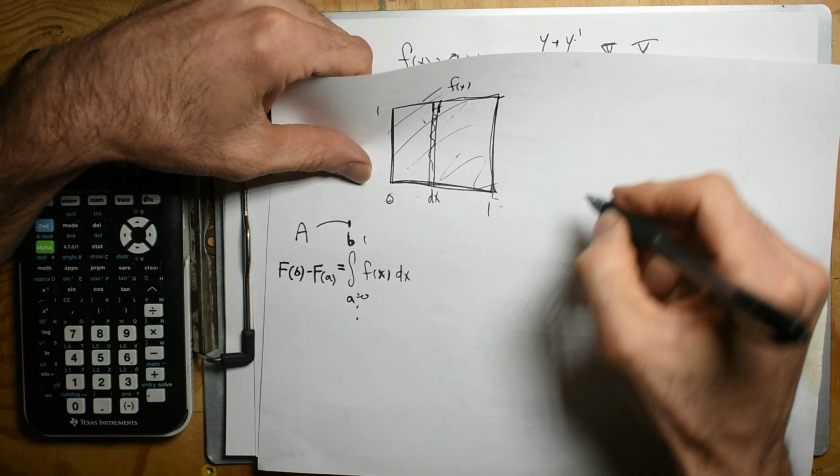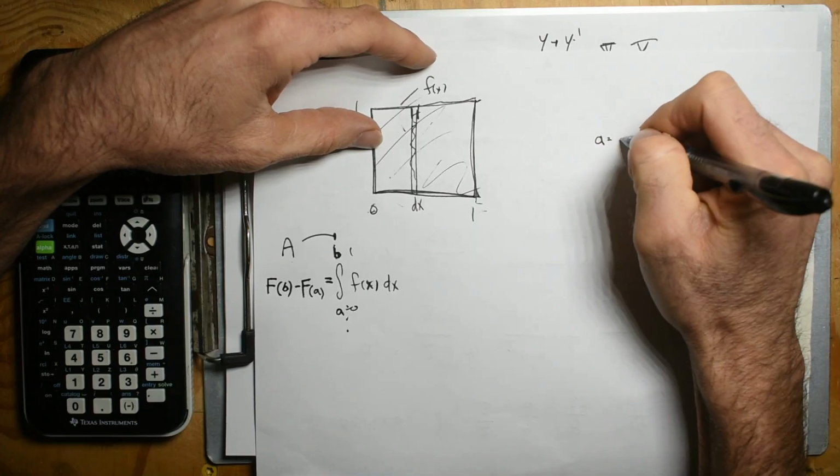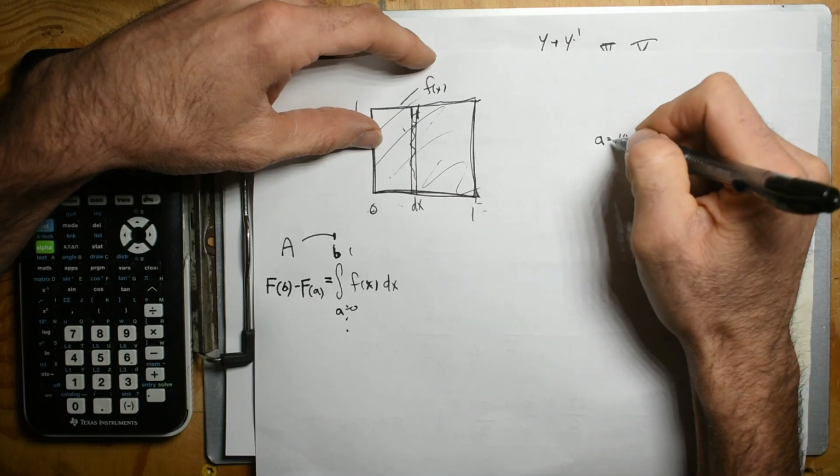But this is exactly where you'll get the gravity equation where acceleration is 10 meters per second squared.